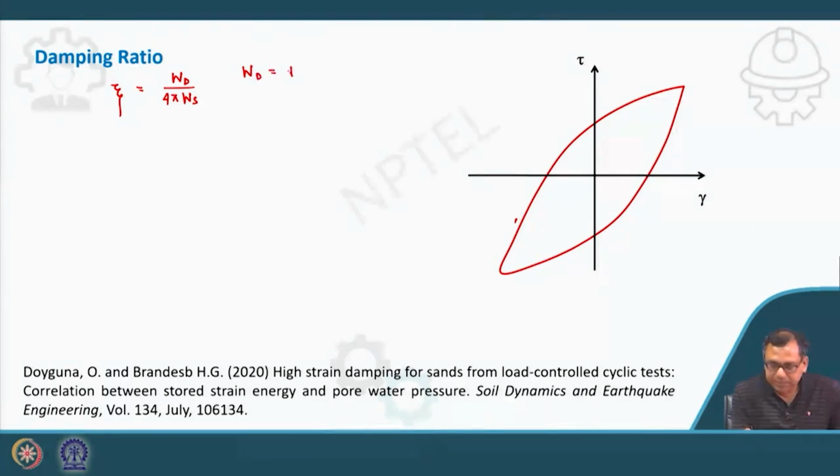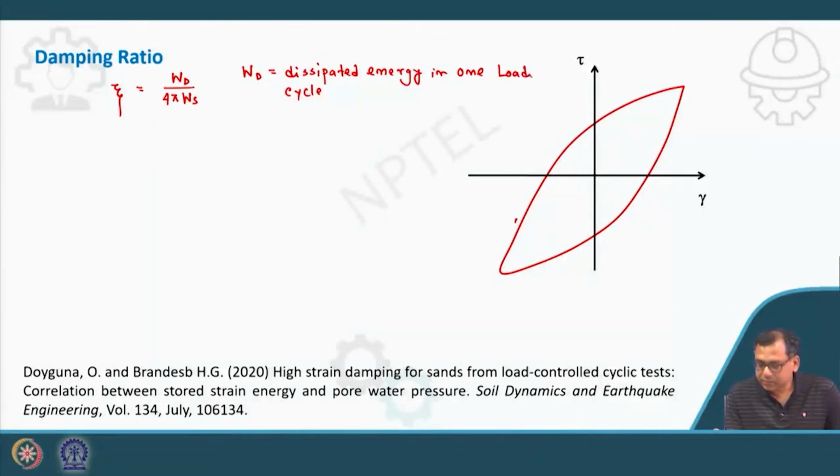WD is the dissipated energy in one cycle or loading cycle, and Ws is the maximum stored energy.